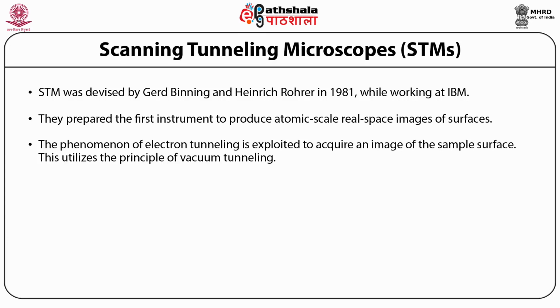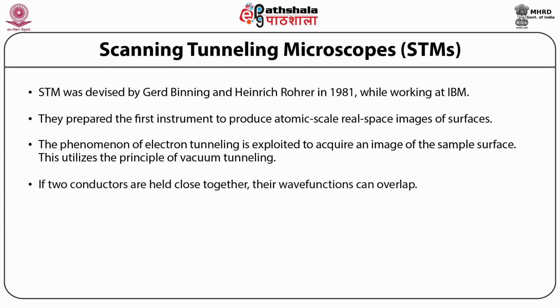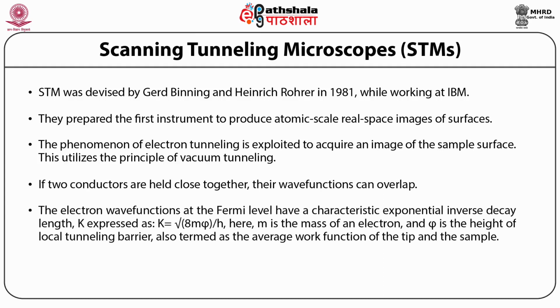at small bias voltages. If two conductors are held close together, the wave functions can overlap. The electron wave functions at the Fermi level have a characteristic exponential inverse decay length, that is k, which is expressed as k is equal to square root of 8mφ by h.